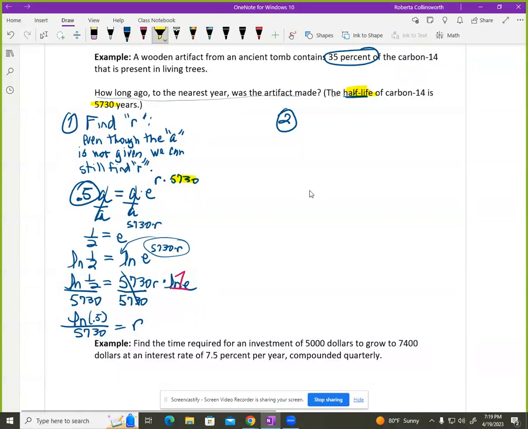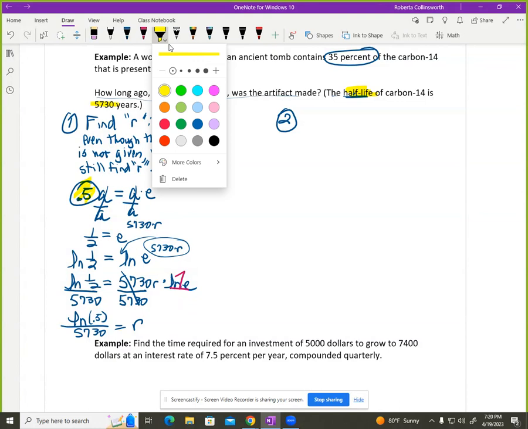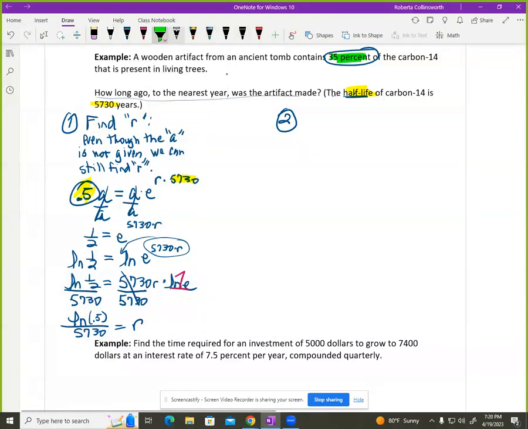That's the half-life part. This time I need to do 35%. So 35% is 0.35, and that has to be of the original amount. I don't know what the original amount is, but I can still find the nearest year because I can use my equation, which I didn't write here, but I could. 0.35 of A, the original amount, is going to equal A times E raised to the RT power.